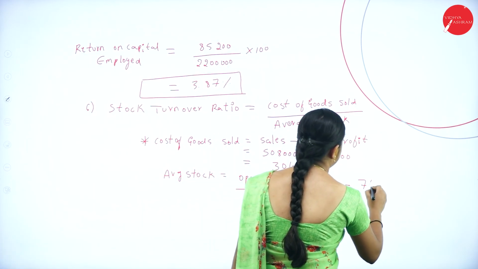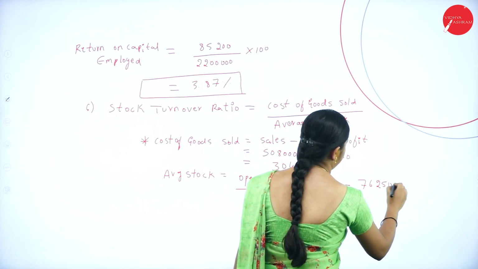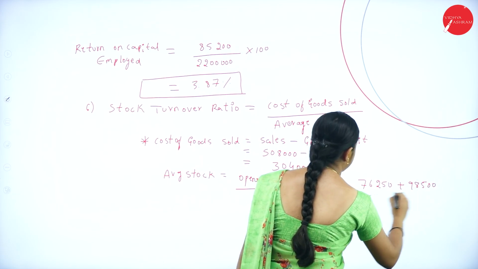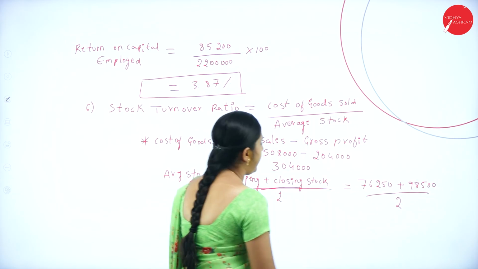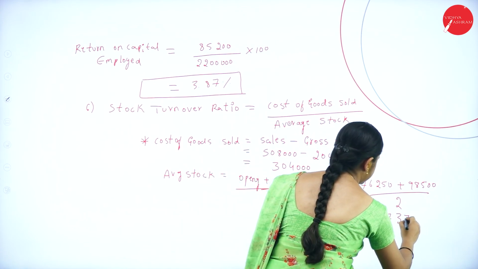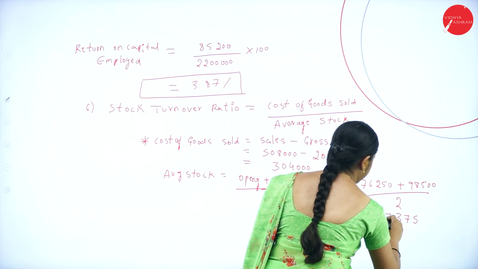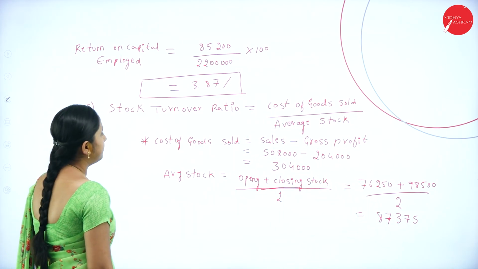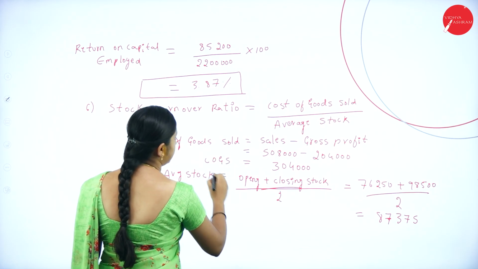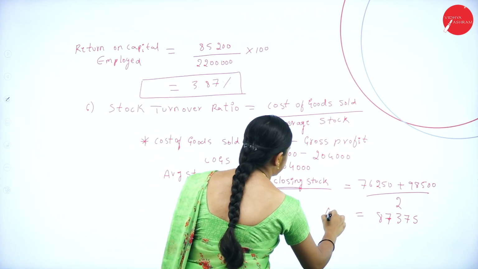Opening stock 76,250 plus closing stock 98,500 divided by 2. Average stock is 87,375.